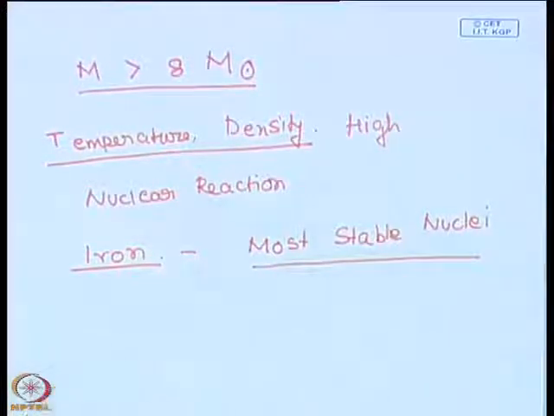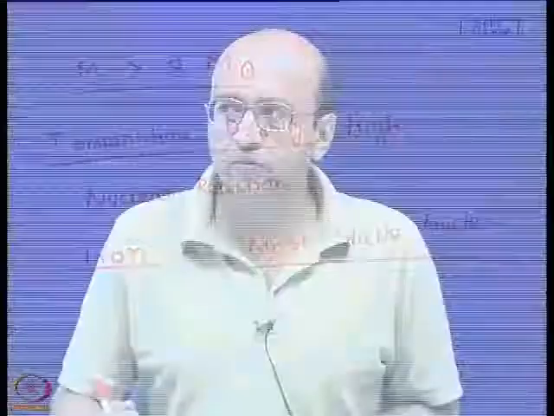So, the binding energy per nucleon is maximum in iron. These are the most stable nuclei. And in thermal equilibrium, you cannot form elements which are heavier than iron. The whole synthesis of elements stops at iron.